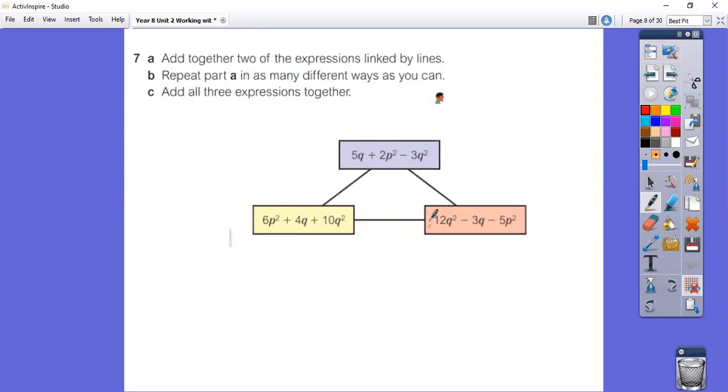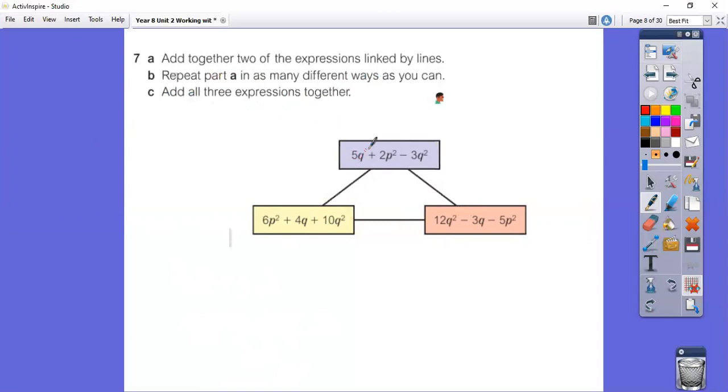I think that's the only combination you have. Then once you've written them out, repeating A, so the blue box plus the yellow box, blue box plus the pink box, the yellow box plus the pink box. Then once you've done all of that, you add all the three expressions together.